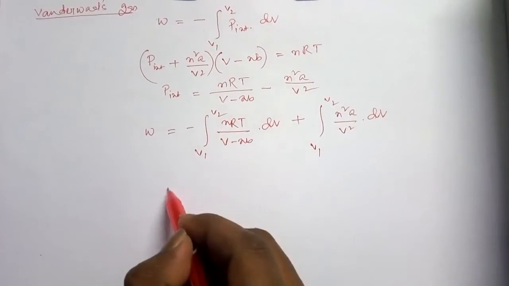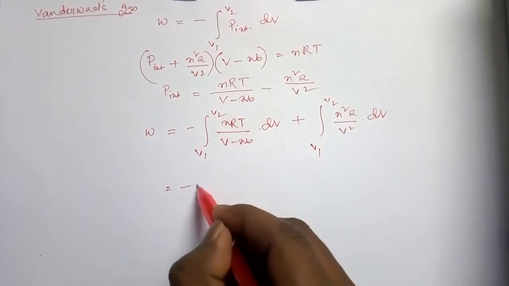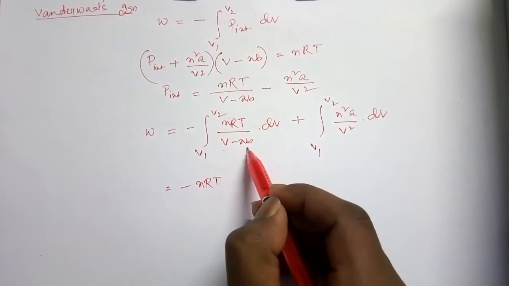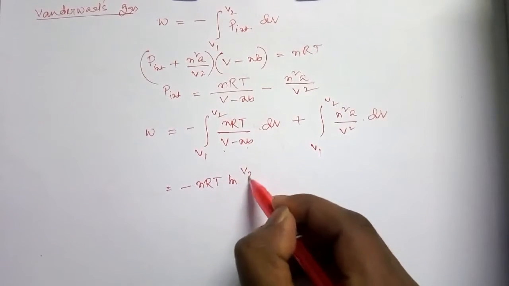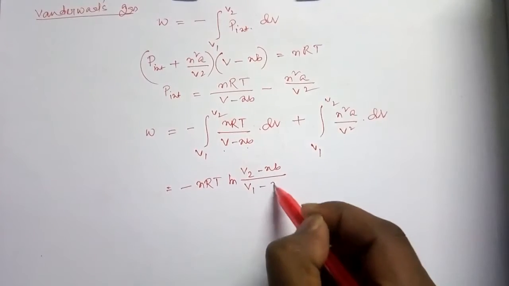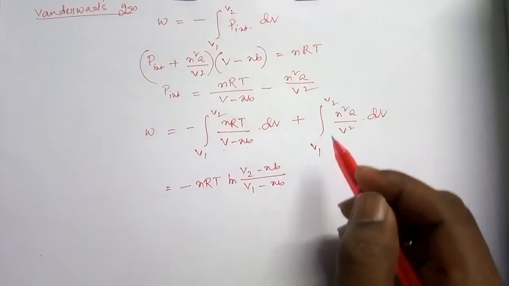Equal to, we can write minus, at constant temperature nRT is constant, so dV by V minus nb gives ln of V minus nb, so ln V2 minus nb by V1 minus nb, right? And there is a plus sign.